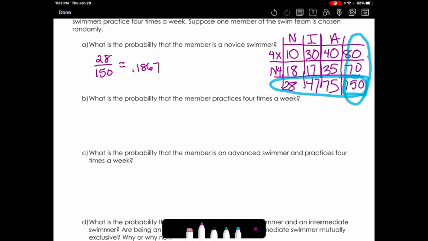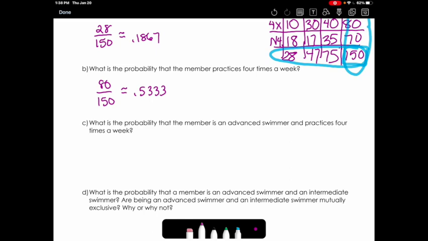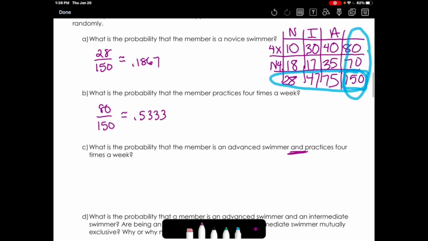So if I look at all the people that practice 4 times a week, whether they're novice, intermediate, or advanced, there's a total of 80 of those. So that would be 80 out of the 150, and we can approximate that as a decimal as 0.5333.